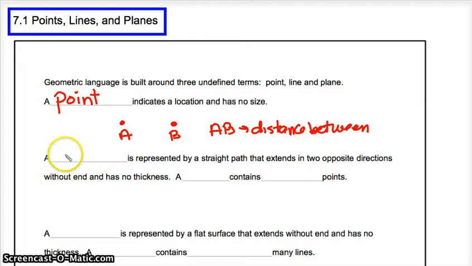Alright, now a line. A line is represented by a straight path that extends in 2 opposite directions without end and really has no thickness. A line contains infinitely many points.